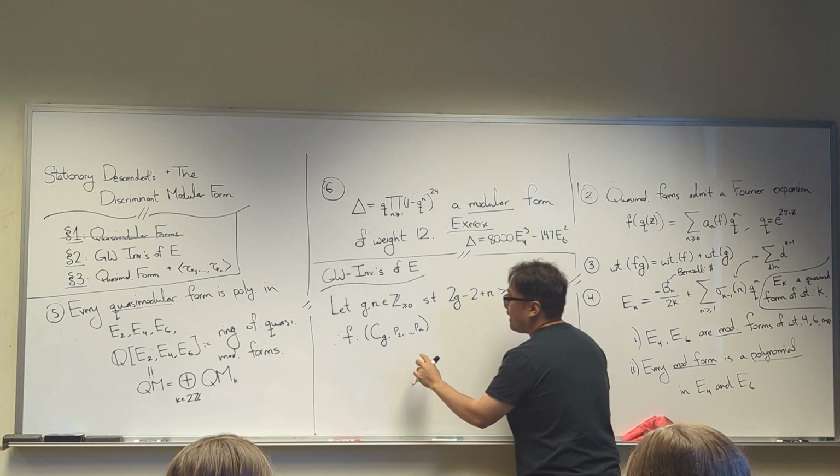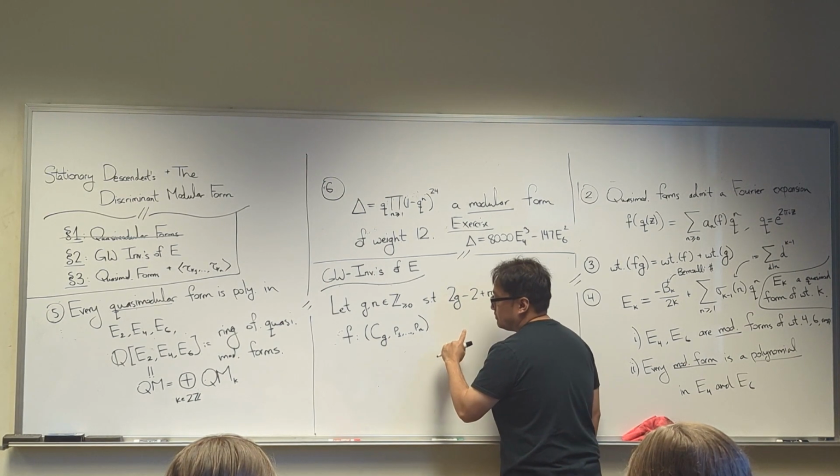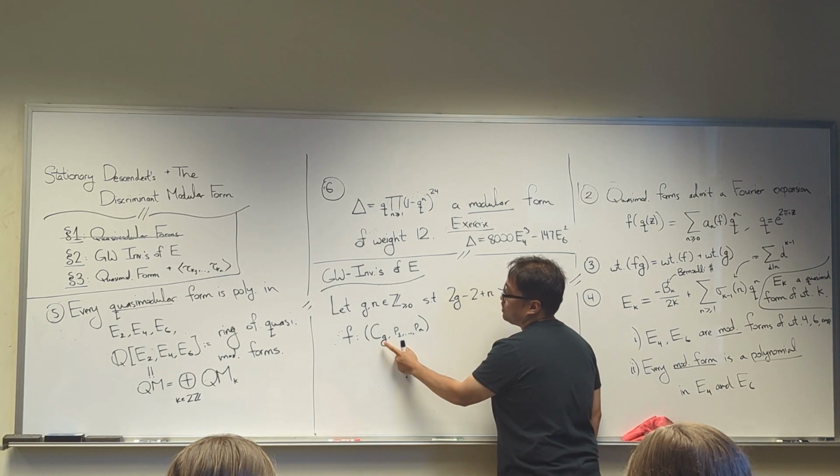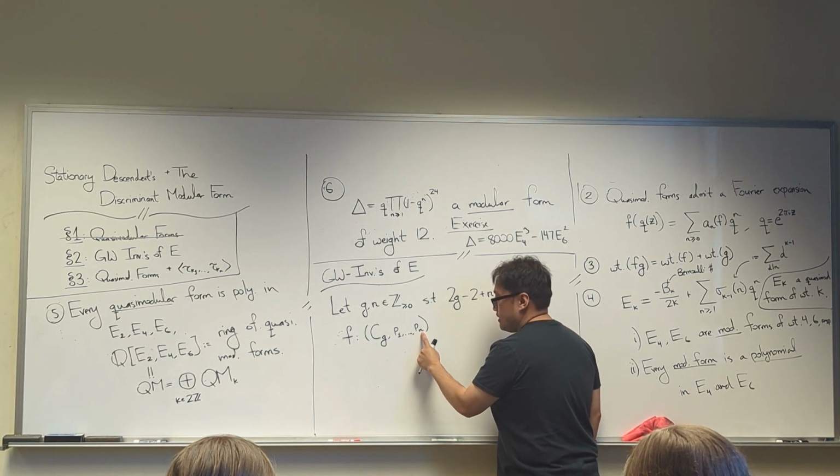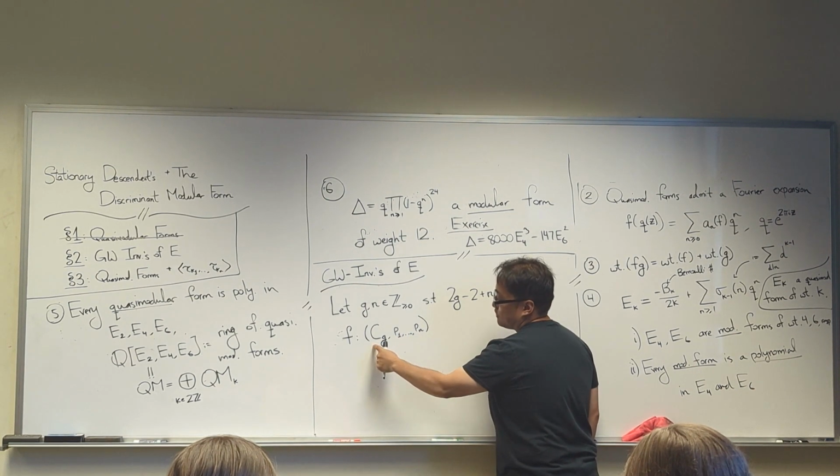So let's say I have an algebraic curve of genus G, which I'll call C sub G. Let's say it's at worst nodal, and the other data is I have n marked points that are smooth on this curve.